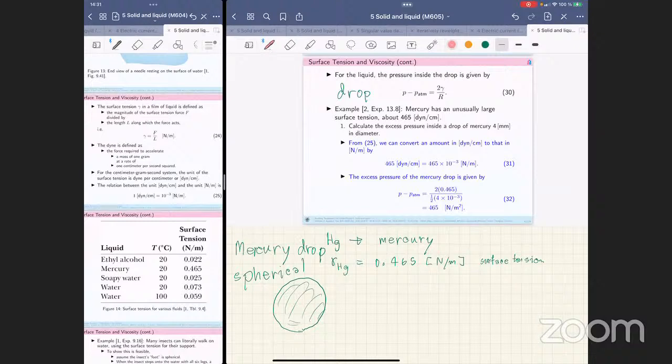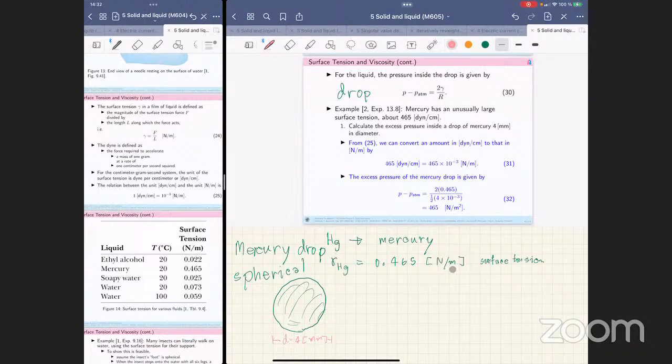Oh, no. They say the diameter D is 4 millimeter. That's the diameter of this mercury drop, and the surface tension is 465 dyne per centimeter, which is equivalent to 0.465 in SI scale, Newton per meter.